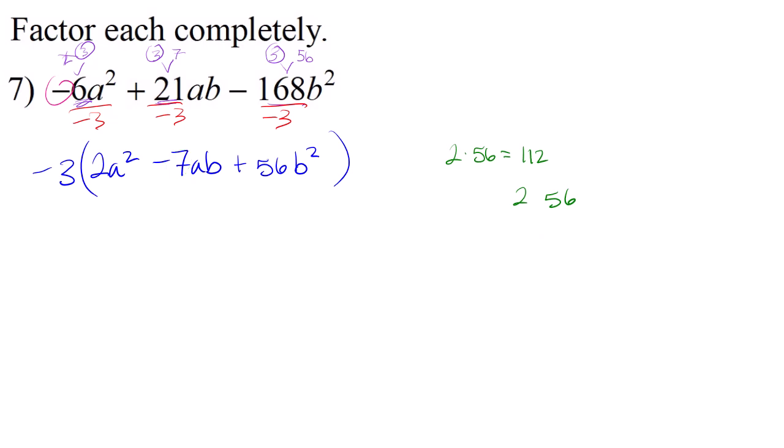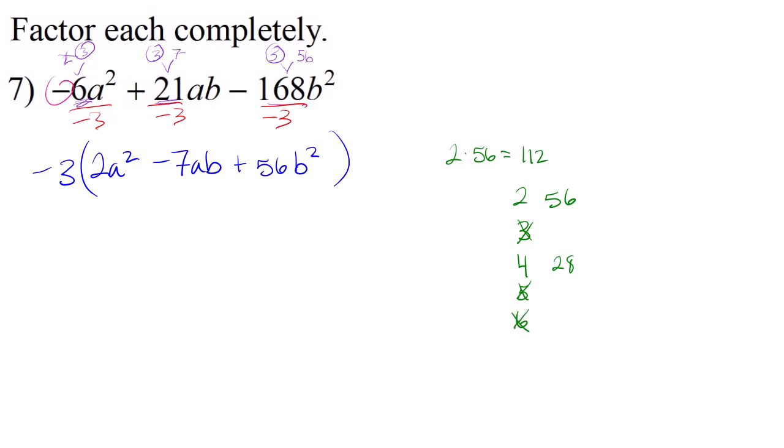Does 3 go into 112? Nope. 1 plus 1 plus 2 is 4, and 3 doesn't go into 4, so 3 doesn't go into 112. 4 does go in. 112 divided by 4 is 28. Then we check 5. 5 is not going to work because it doesn't end in a 5 or a 0. 6, nope.